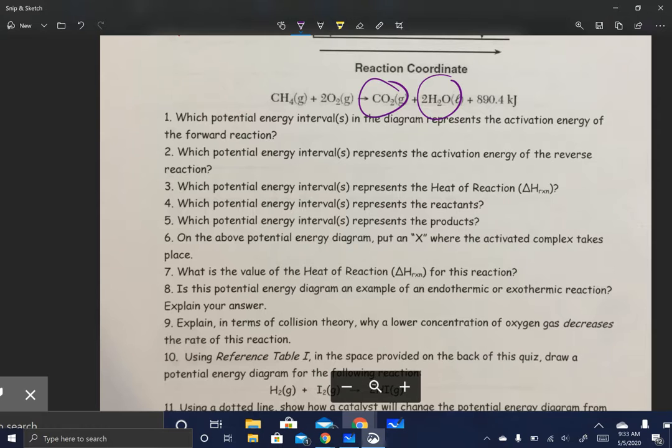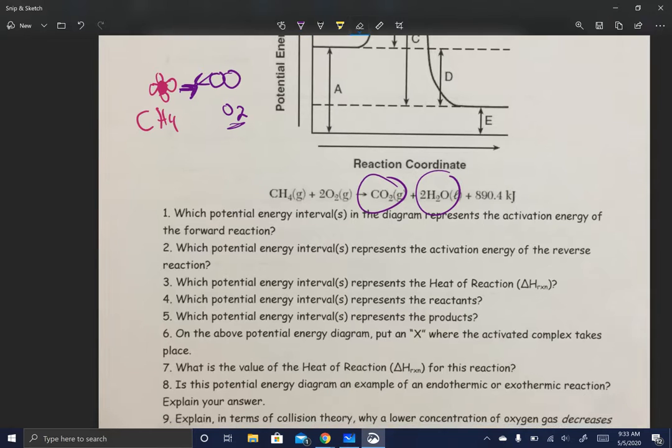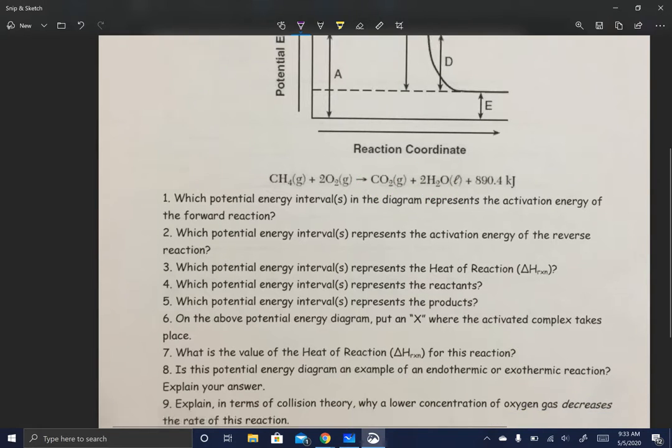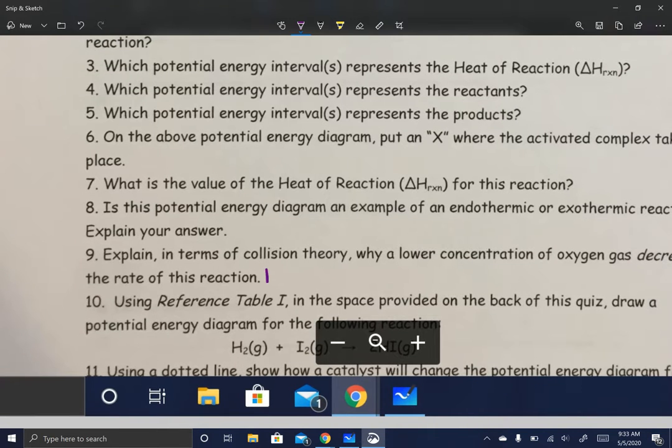That if you decrease the number of oxygen particles, there will be a decrease in the number of collisions. Therefore, a decrease in the rate of the reaction. I know I didn't write that, but if you're watching this, you should be able to stay with me there. So again, I guess I can try and squeeze it in here. Why? So if we decrease the number of O2 particles, right?